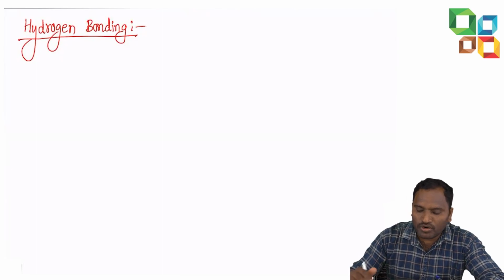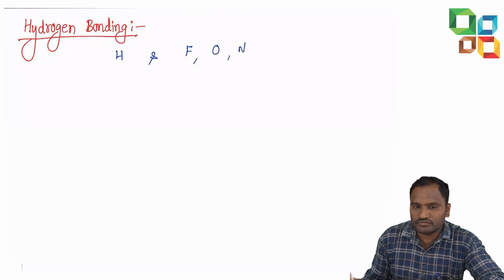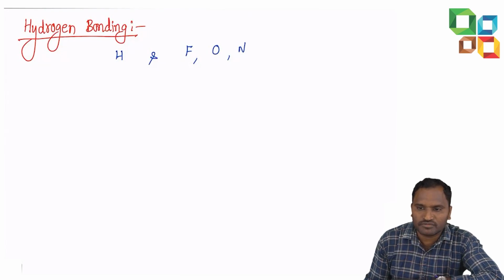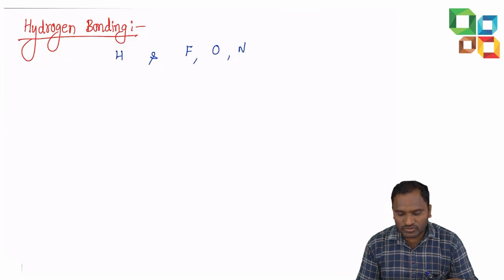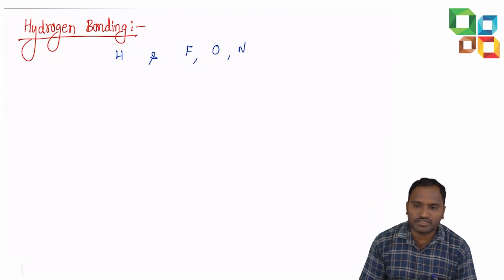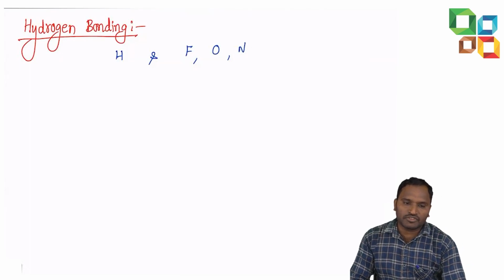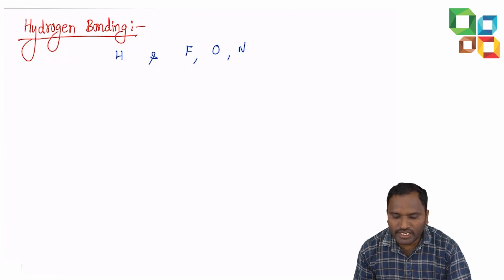Write down the definition. Because the electronegativity difference is more, polarity will be more. So it leads to some attractions. So this attractive force is called hydrogen bonding. It generally occurs between hydrogen and fluorine, hydrogen and oxygen, or hydrogen and nitrogen.